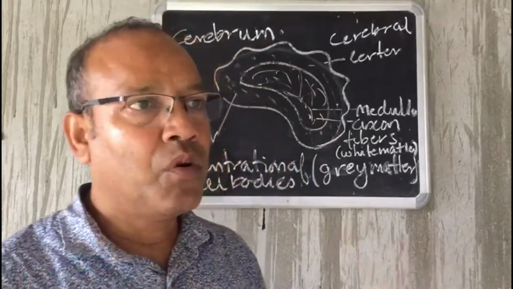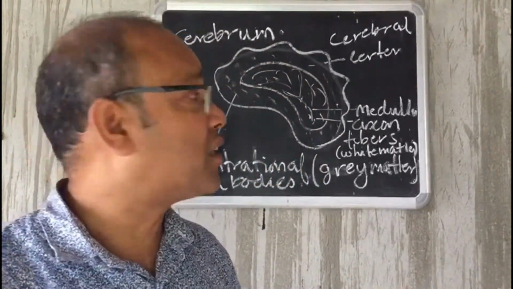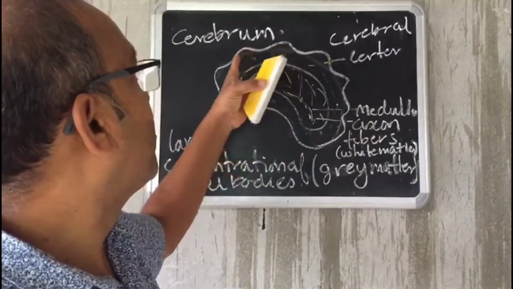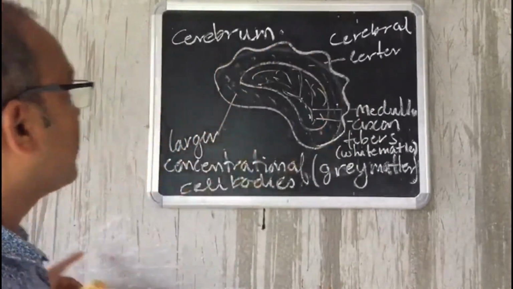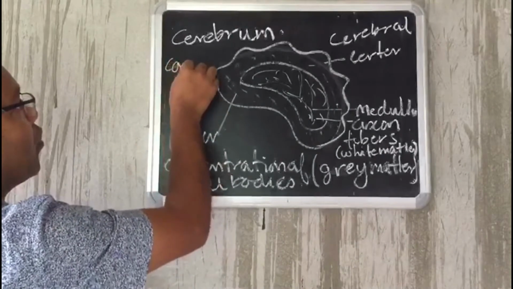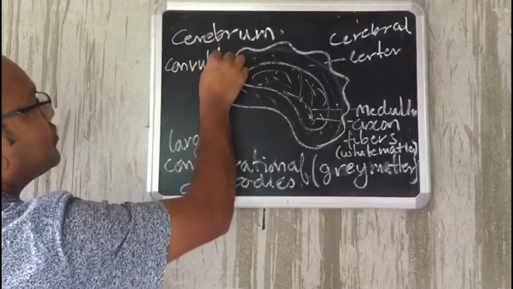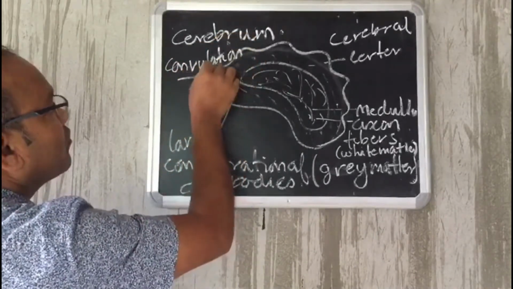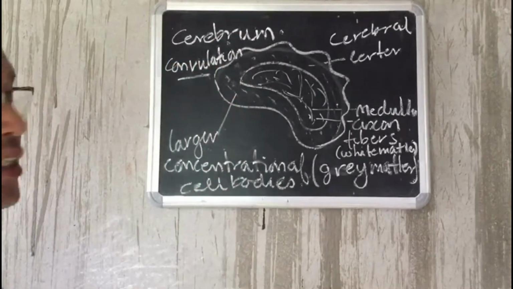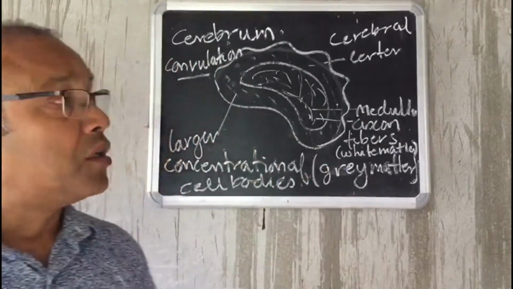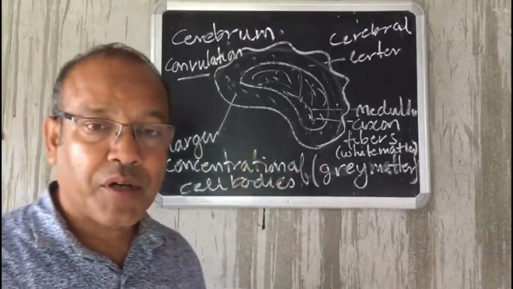There is more grey matter because of what we call convolutions.